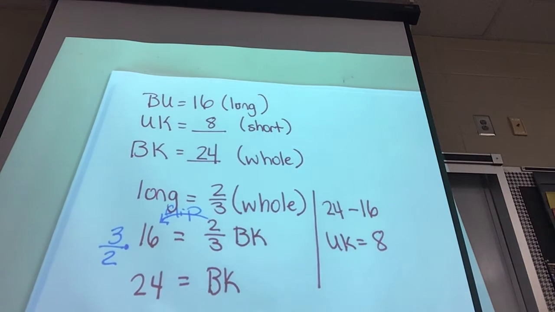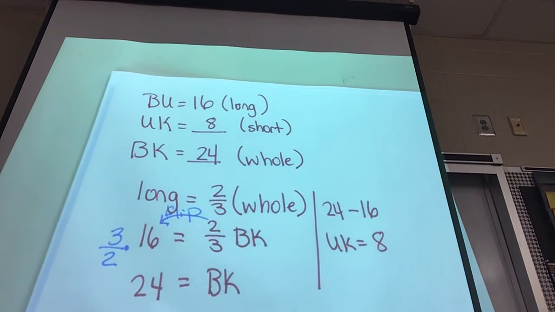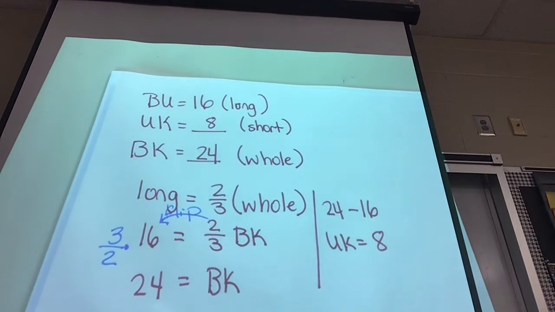Miss Sullivan. Yes. Is it okay that I just did 16 divided by 2 over 3? That equaled 24 as well. Well, dividing by 2 over 3 is the same thing as multiplying by 3 over 2.